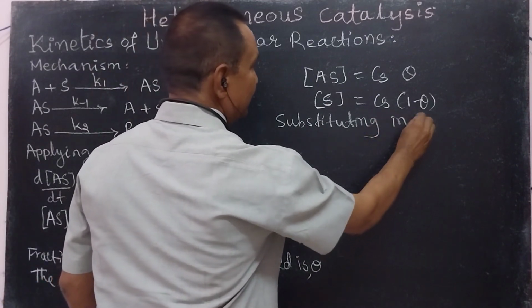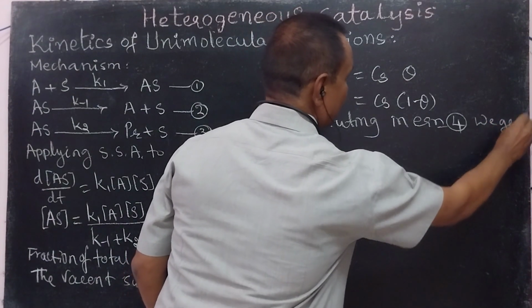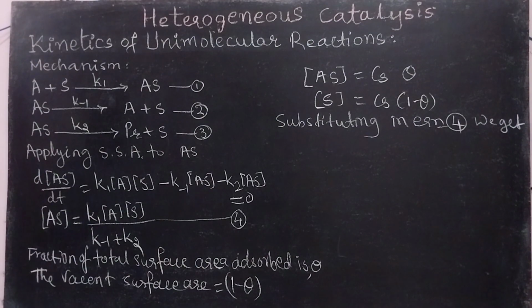Substituting in equation 4, we get [AS] equal to CS into theta.